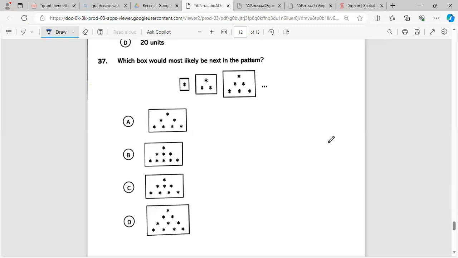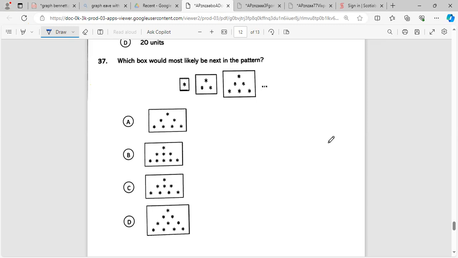I disagree, sir. Alright. Share with us why you disagree. Okay. Because, sir, if you realize that the pattern is an odd number pattern, so 1, 3, then you have 9. And if you count D, 1, 2, 3, 4, 5, 6, 7, 8, 9, 10. 10 is an even number.